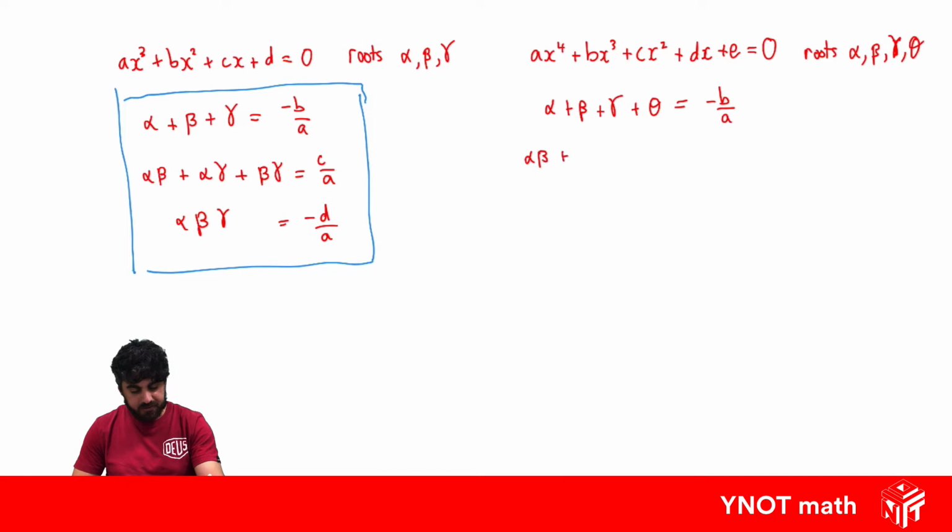Alpha beta plus alpha gamma plus alpha theta plus beta gamma plus beta theta plus gamma theta equals c over a.